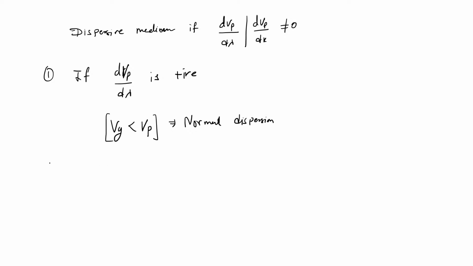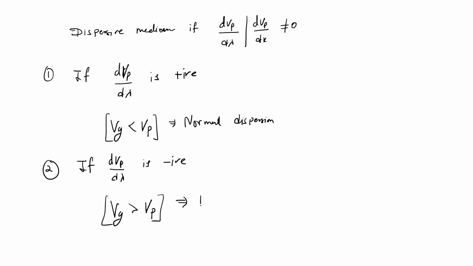But if dVp over d lambda is negative, then group velocity will be more than phase velocity, and that is not a normal behavior of the medium, it is anomalous dispersion.